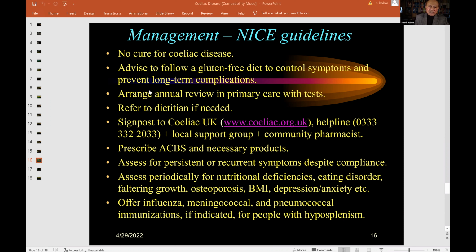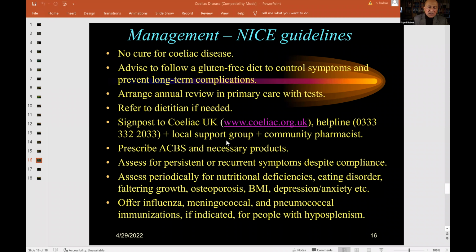In diagnosed cases, there should be an annual review in the primary care with appropriate tests. If a person has been unsuccessful in totally avoiding gluten, then a referral to the dietitian might be needed. Significant information to patients can come from Coeliac UK, which is a charity, and the website is mentioned here with the helpline for them as well.